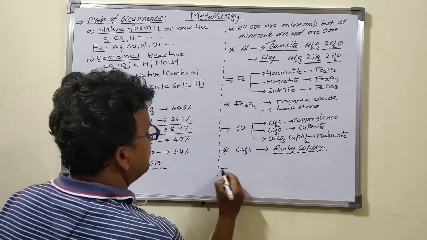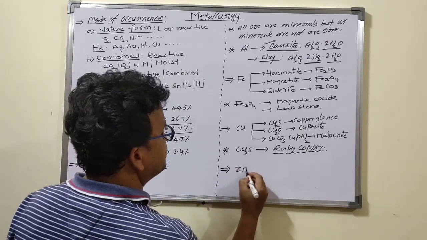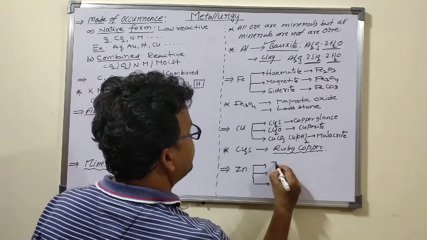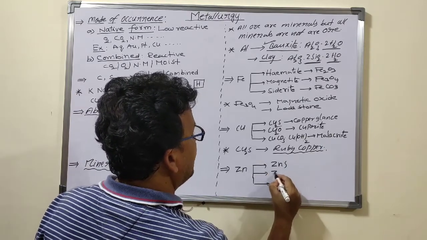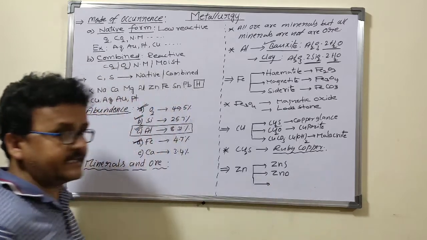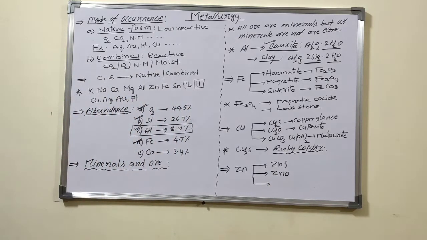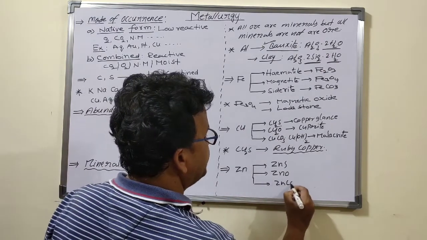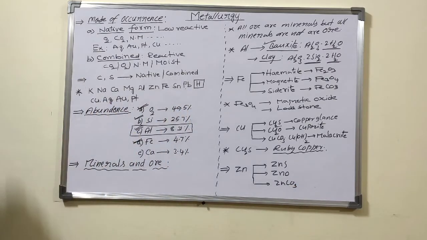And we have another metal, that is zinc. Zinc also exists in different forms: zinc sulfide, zinc oxide, that is sulfide form, oxide form, and carbonate form also. Zinc sulfide, zinc oxide and zinc carbonate.